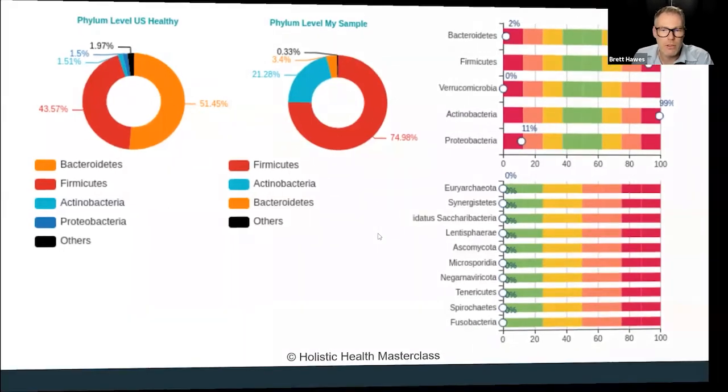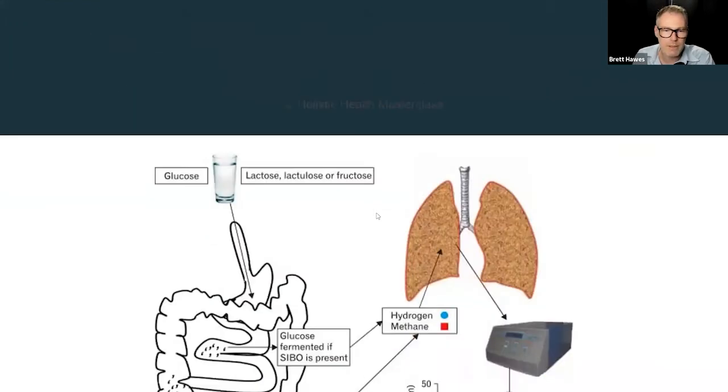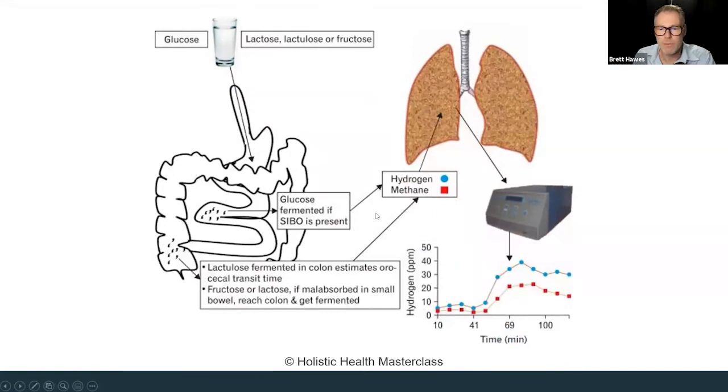So moving along to SIBO breath testing, I think a lot of you are probably familiar with this. It's become very, very popular these days. Essentially, just a very short Reader's Digest version: I drink a solution of lactulose or glucose, and if I have certain bacteria in the small intestine, they will ferment the lactulose or the glucose, and they will produce hydrogen or methane gas, depending on the type of bacteria.